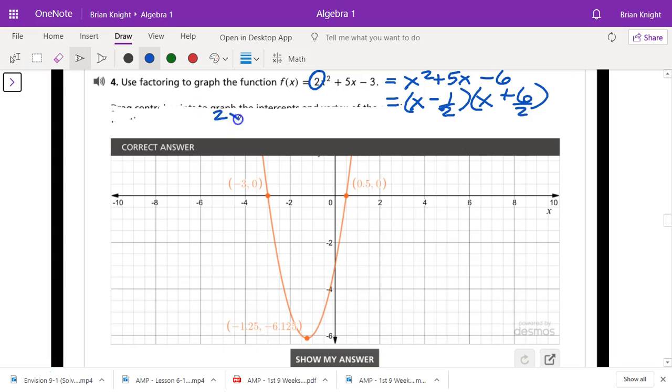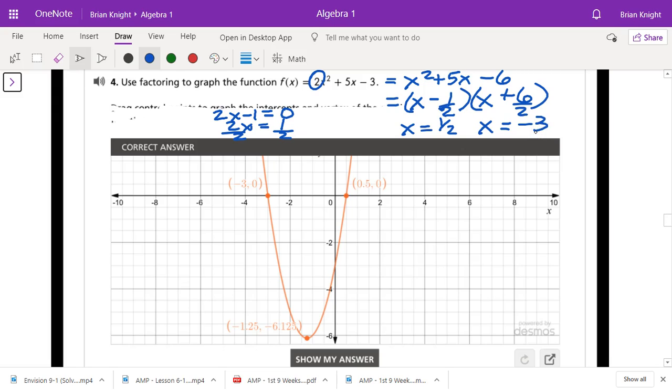Look, I'll show you what I'm talking about. 2x minus 1 equals 0. 2x equals 1. That 2 that I just moved goes right back down to the bottom. So don't do that. My answers are x equals not negative 1/2, but positive 1/2. And this one would be not 3, but negative 3.